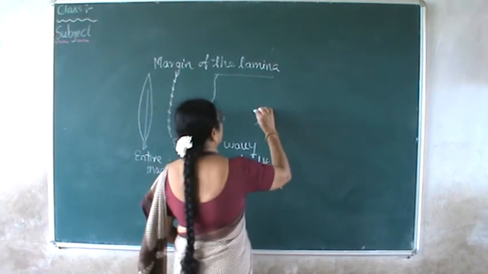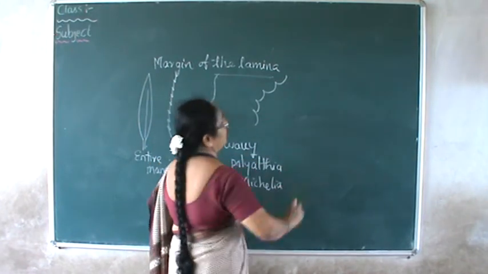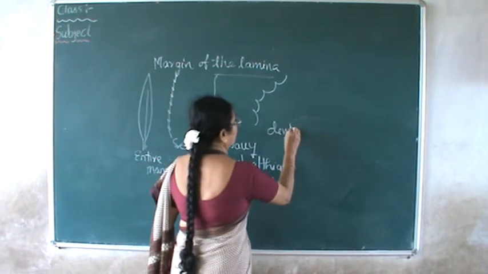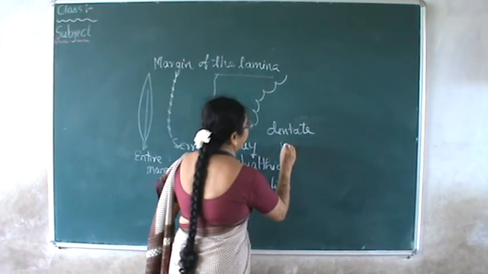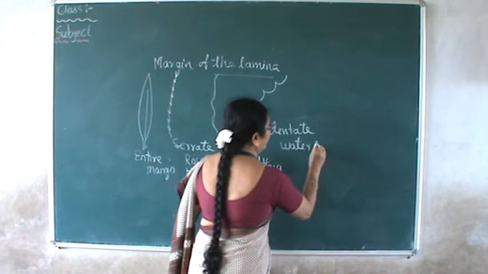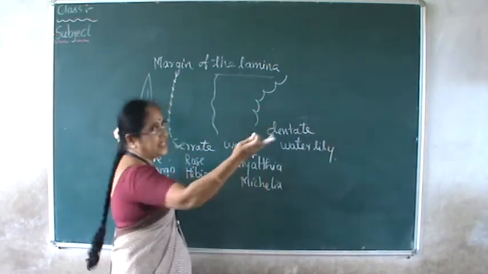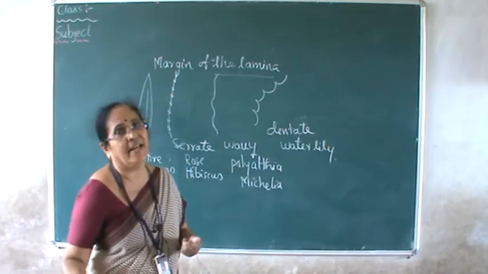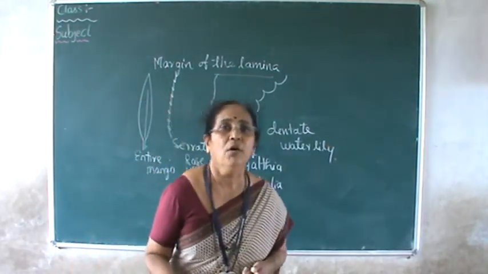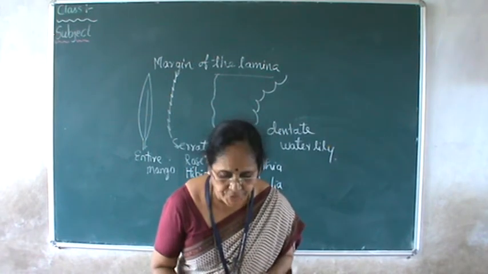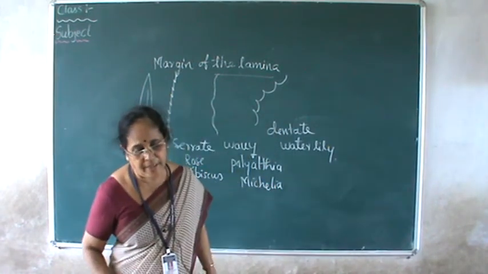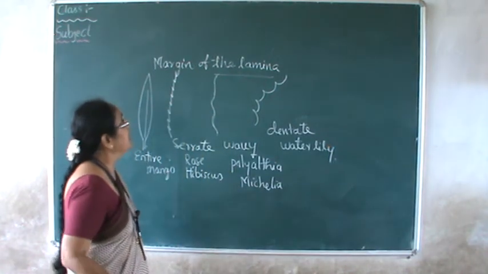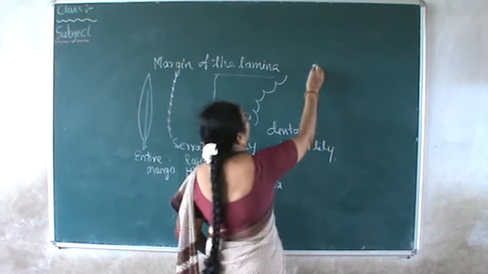Sometimes the margin may be like this, then it is called dentate. This is found in water lily. All these things are to be checked in each leaf, and then you describe the leaf margin as serrate, or smooth, entire, or dentate, and so on. Then the next part of study is the apex of the lamina.